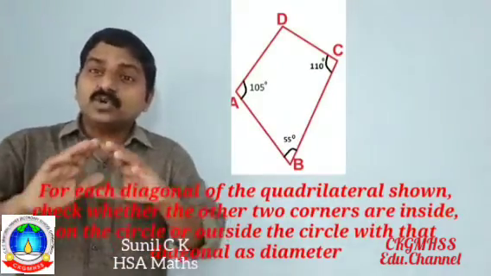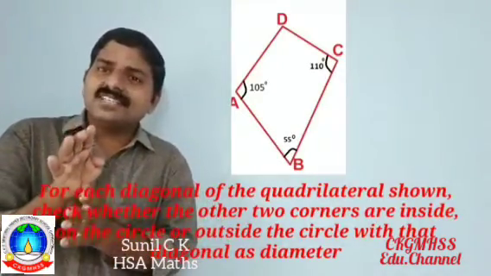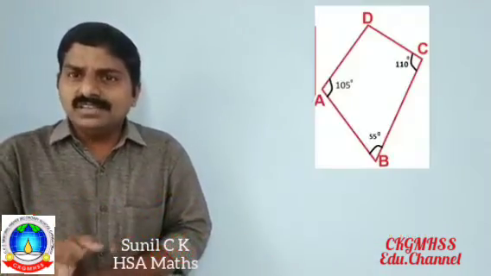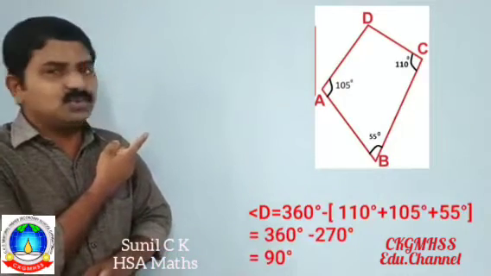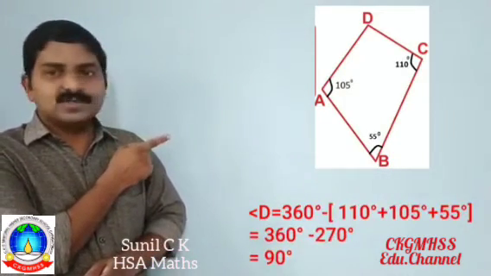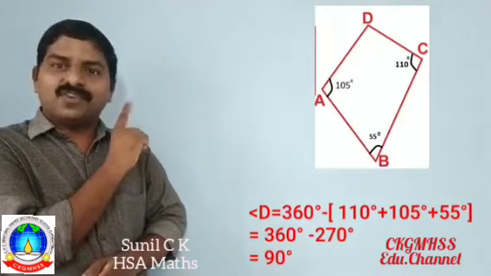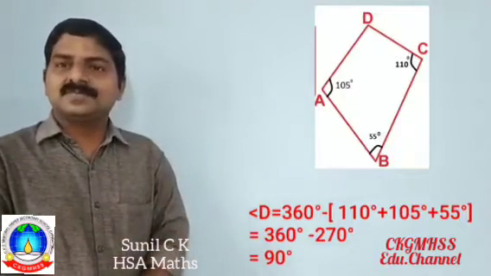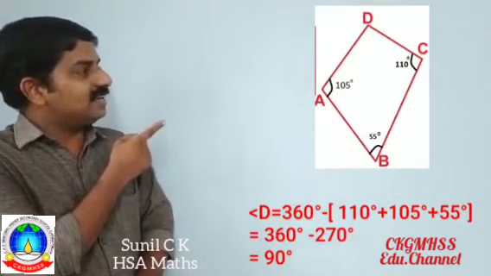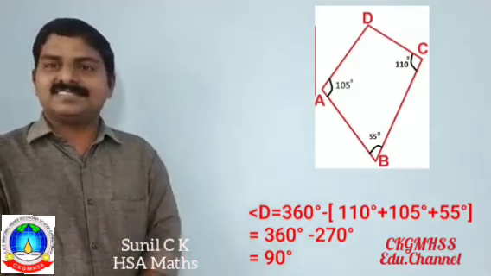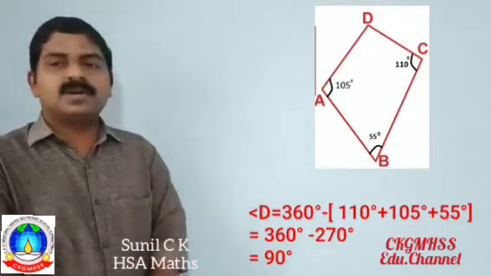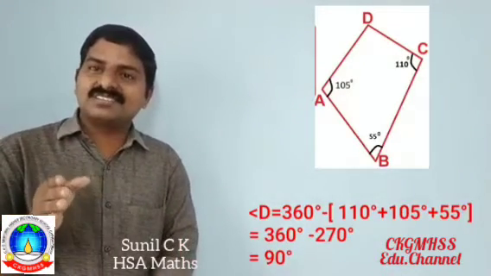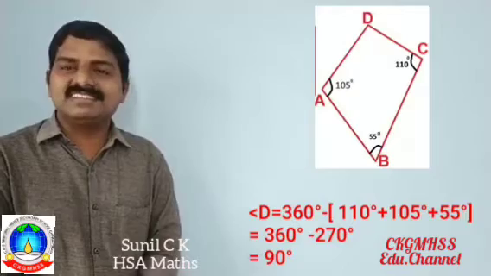We know the total sum of the 4 angles of a quadrilateral equal to 360 degrees. Therefore, the measure of angle D equal to 360 degrees minus of 105 degrees plus 110 degrees plus 55 degrees. Then it becomes 360 degrees minus 270. 360 degrees minus 270 becomes 90 degrees. So, the measure of the angle at the vertex D is equal to 90 degrees.